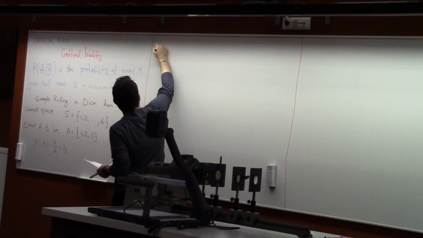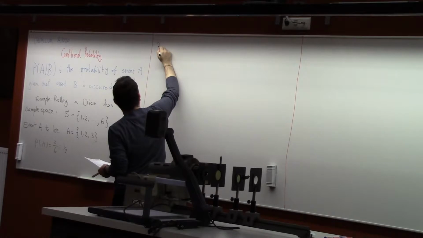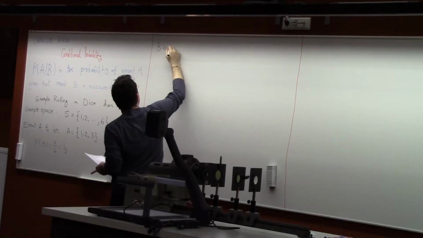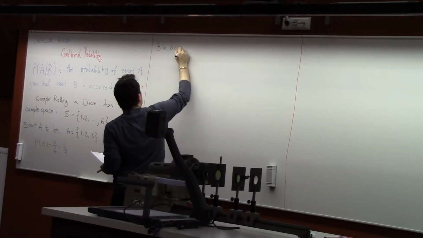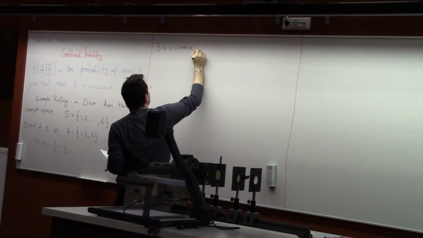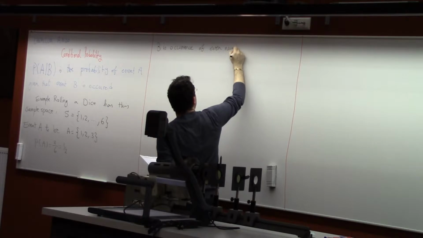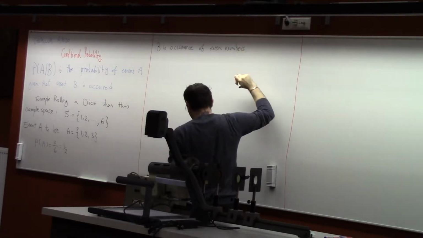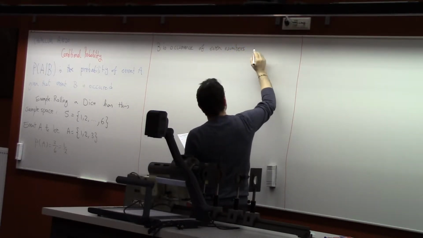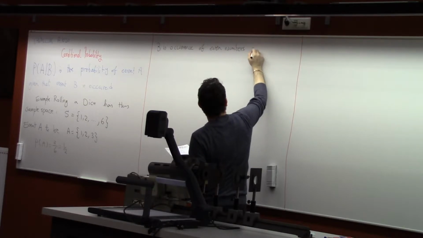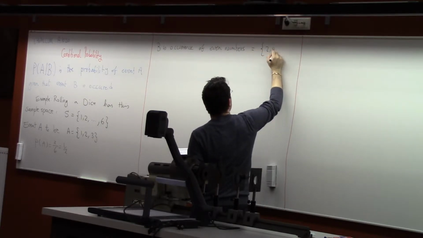Let's say B is occurrence of even numbers, which means it is 2, 4, 6, right?